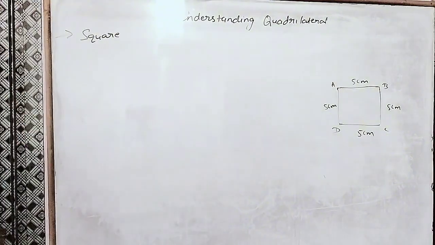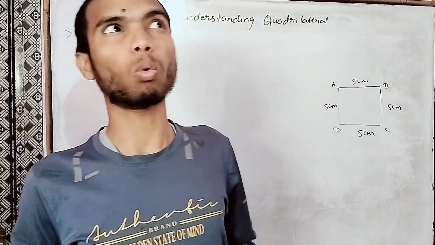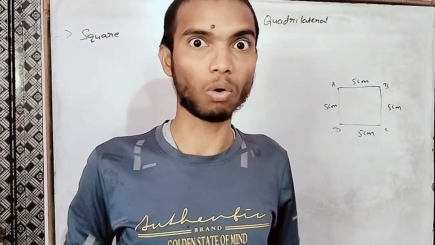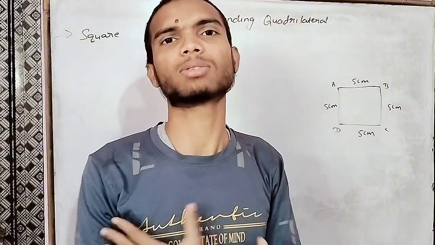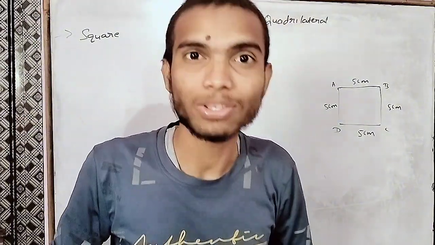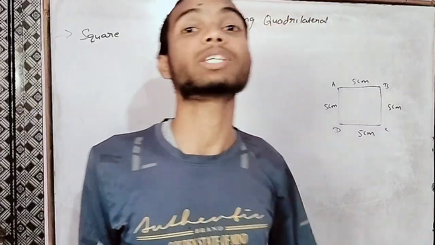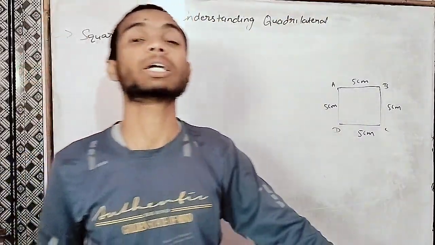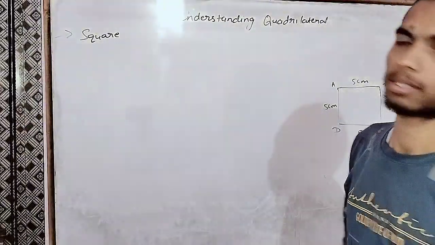So if all sides of a quadrilateral are equal to each other and each angle of that quadrilateral is 90 degrees, it will be defined as a square.